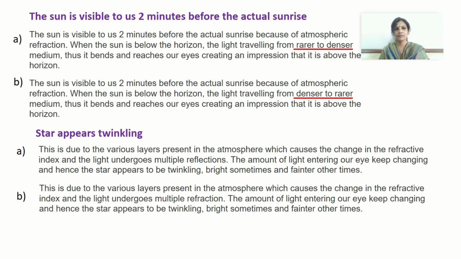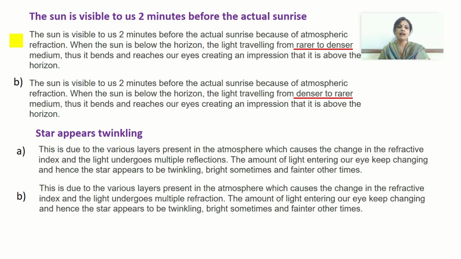In our case, option A is correct, that when the sun is below the horizon, the light travels from rarer to denser medium and therefore it bends and reaches our eyes, creating an impression that it is above the horizon. So with this important word, you can make out which reason is correct. Alright, the intention is you should read the paper carefully, and that is the reason such types of questions are put up in the paper.